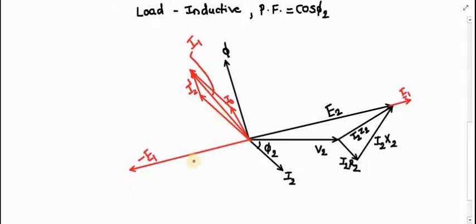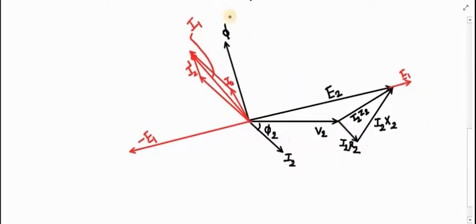Okay. Now parallel to this I1, I will draw the I1 R1 drop. So from this, parallel to this I1, I will draw I1 R1 drop.